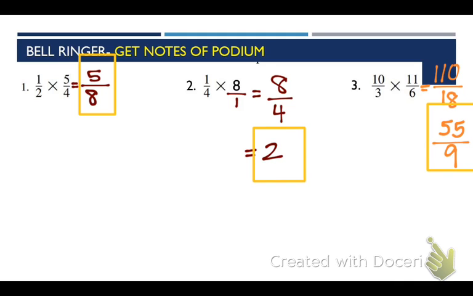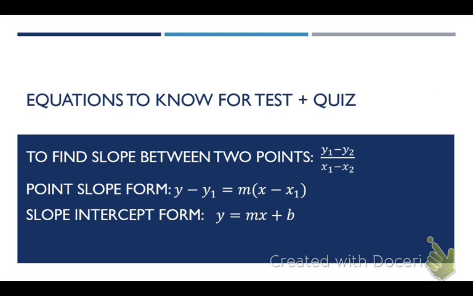Nope. Go ahead and flip to the front. There are formulas you need to know for your test and quiz. First one is the slope formula. You got y1 minus y2 over x1 minus x2. It goes in the slope formula blank. First blank, Bruce.